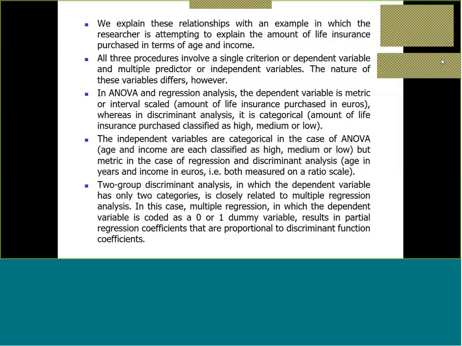The amount of life insurance purchased can be classified as high, medium, and low. The independent variables are categorical in the case of ANOVA because age and income are each classified as high, medium, and low. But metric in the case of regression and discriminant analysis: age in terms of years and income in terms of euros. So this is the clear understanding between these three, the similarities as well as differences.